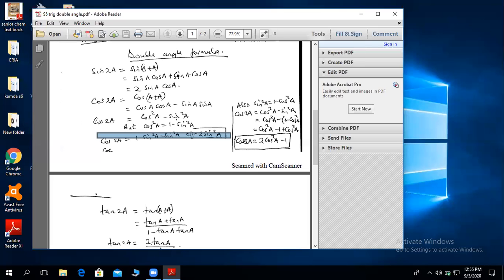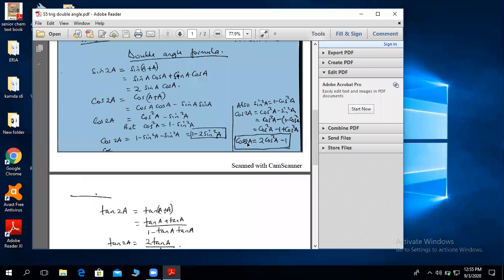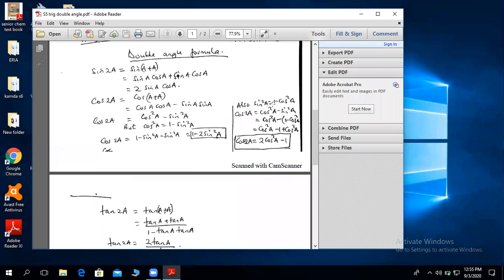Now, also, sin squared A will be the same as 1 minus cos squared A. So in cos 2A, where there is sin squared A, I put there its value, which is 1 minus cos squared A. And what does it give me?